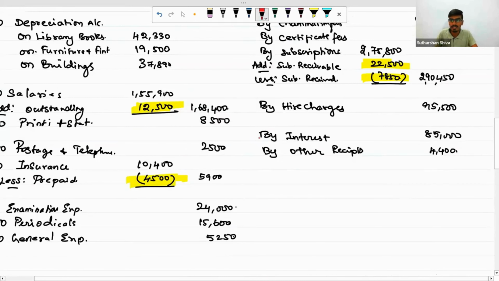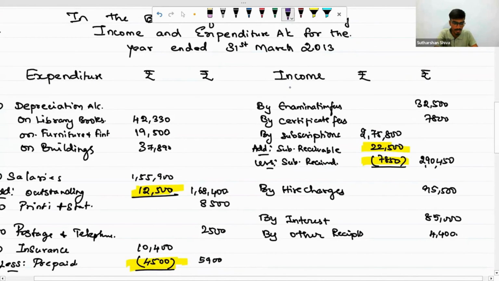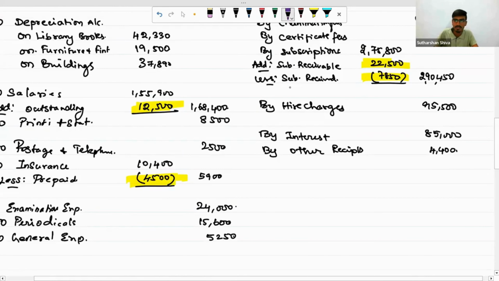Now calculate which side of the income is higher. Which side will be higher? Now do the balancing. We'll try to calculate on the credit side first. 32,500 plus 7,800 plus 90,450 plus 95,100, 85,000 plus 4,400 plus 6,250.